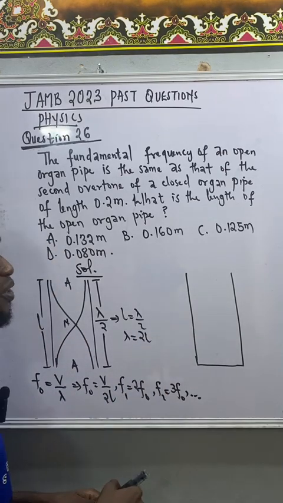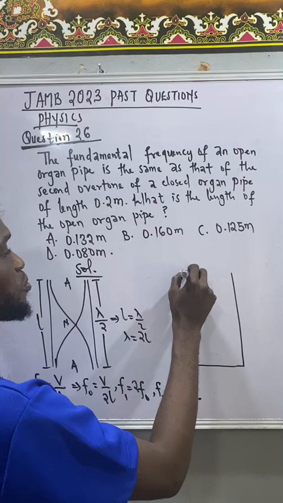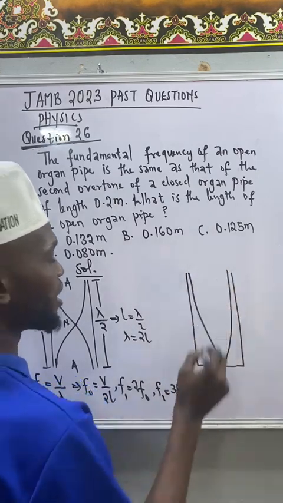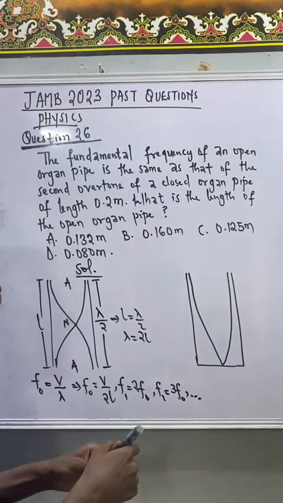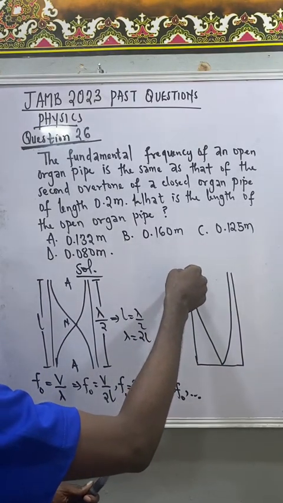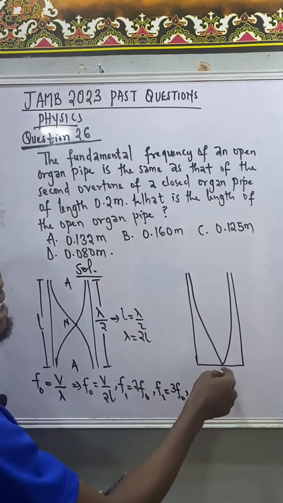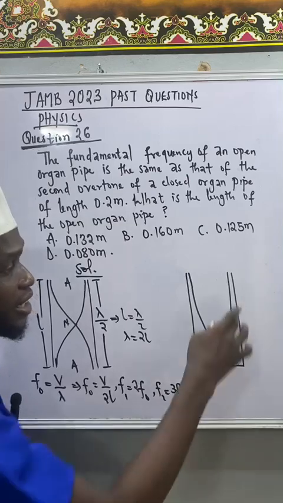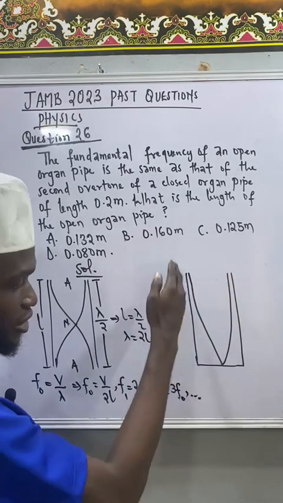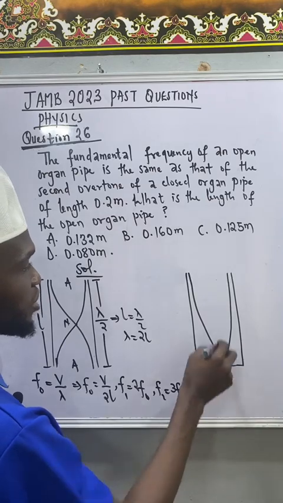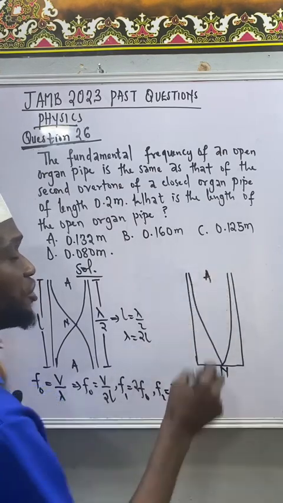Now, for a closed pipe, the smallest waveform that we can have will go in this manner. Any sound wave or air coming from the open end will be incident on the closed end and be reflected back again in this manner. This part where we have zero displacement is known as the node, and at the open end we have the antinode.